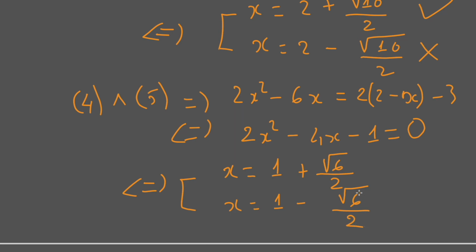Then compared with the condition, we can very clearly see that we accept the second one and we don't accept the first one, because the first one is less than 3 but greater than 0, so it does not satisfy the condition. And the second is smaller than 0 and is greater than negative 3 over 4.